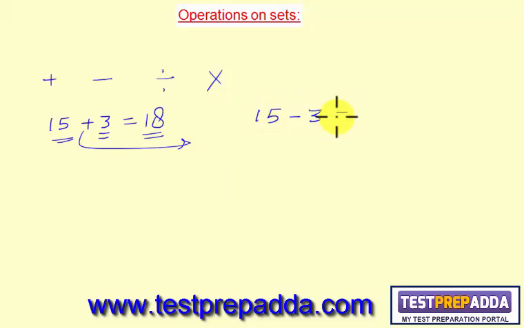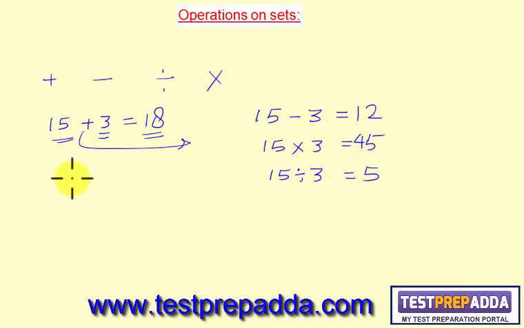So 15 minus 3 we get 12. 15 into 3 we get 45. 15 divided by 3 we get 5. In the same manner, we perform some operations on a pair of sets to get another set. Now we are going to learn about those operations.